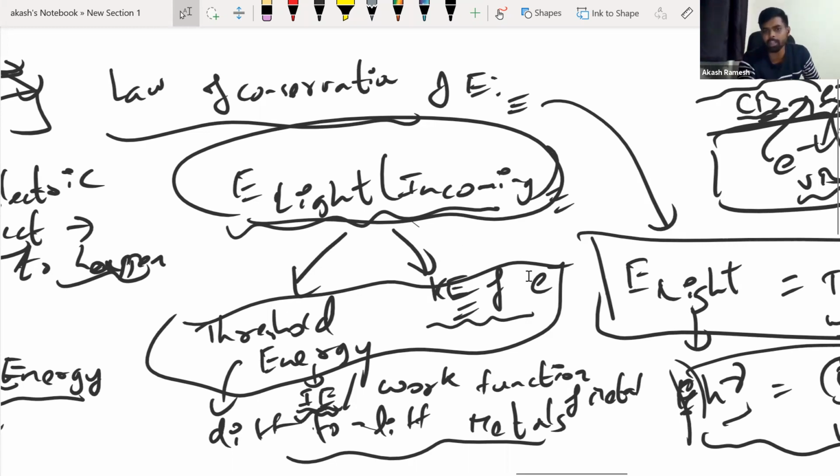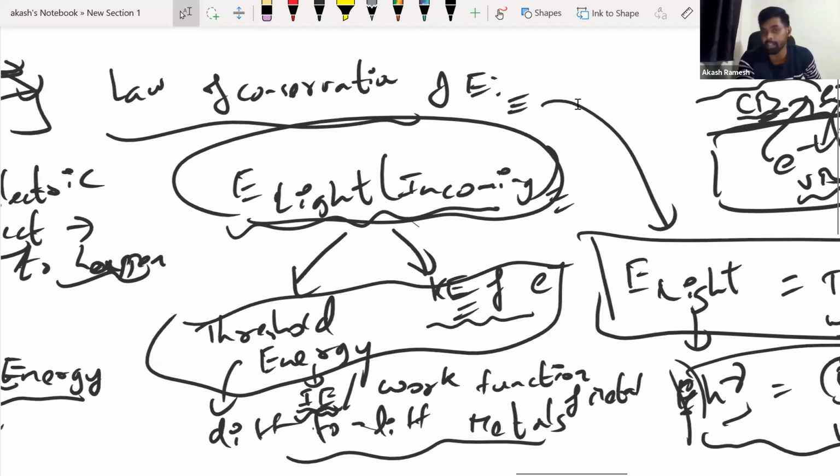And the second way it is going to be spent: if the electron is going to come out and starts moving, obviously anything which moves will have some kinetic energy. So there are two ways in which the energy of the light will be used. One is to overcome the threshold energy, and the second is in terms of kinetic energy of the electron.